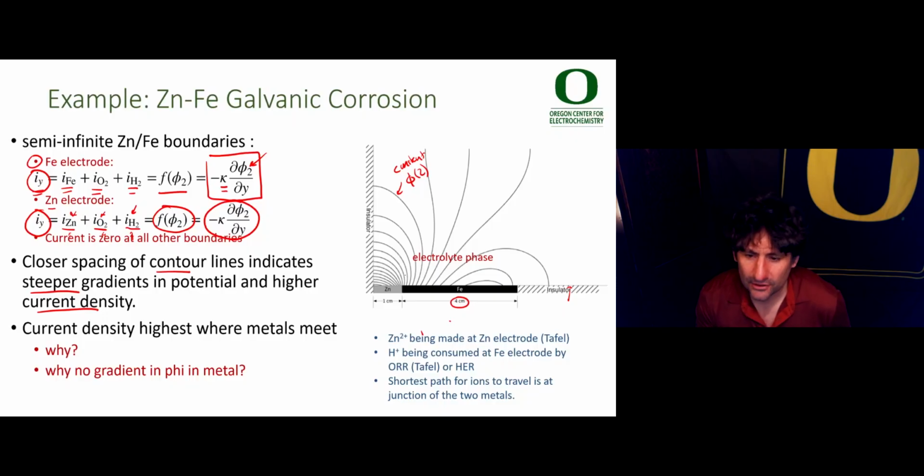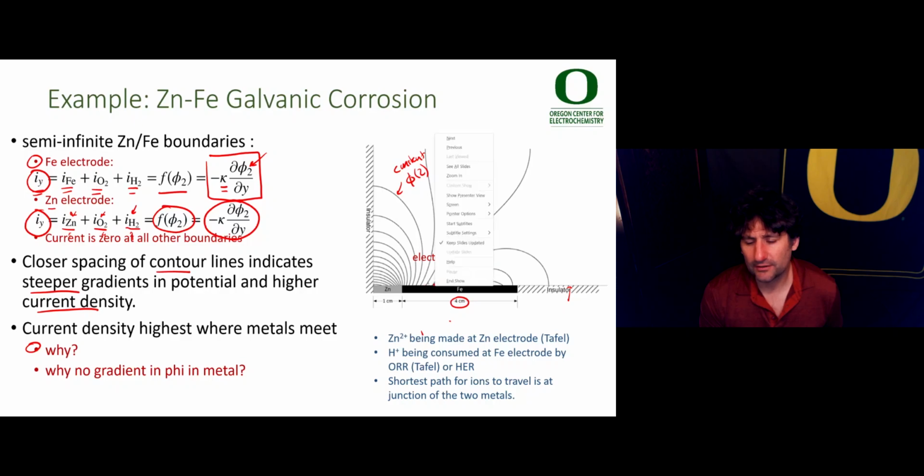And in fact, the current density is highest where the metals meet. And so why is this? Well, it's exactly what we mentioned before. If you want to pass current from way over here all the way over here, you drop a lot of potential through the electrolyte.